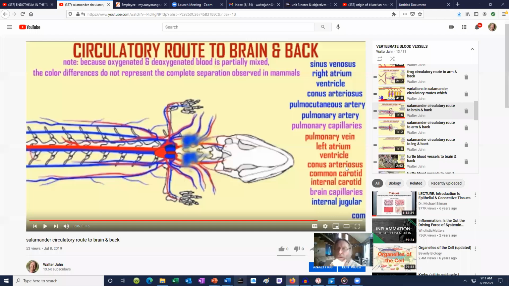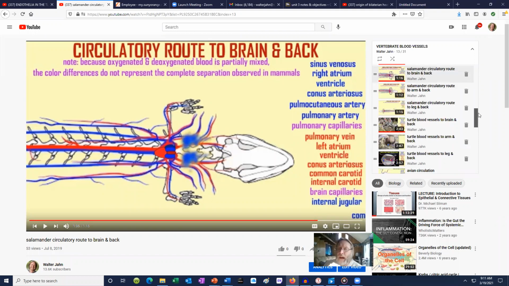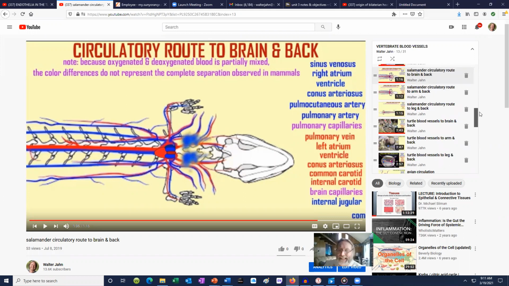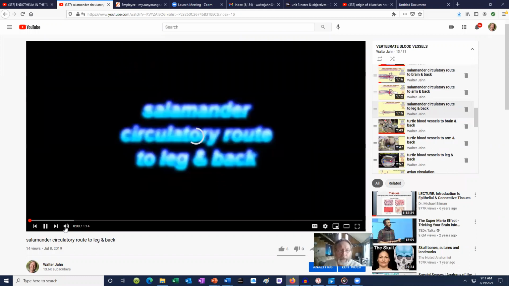Just a quick note on the legless salamanders: while they're performing their gas exchange through the skin, it is not the pulmocutaneous artery which is doing that. That is completely absent. And now it's just separate arteries coming from systemic circulation from different parts of the body.